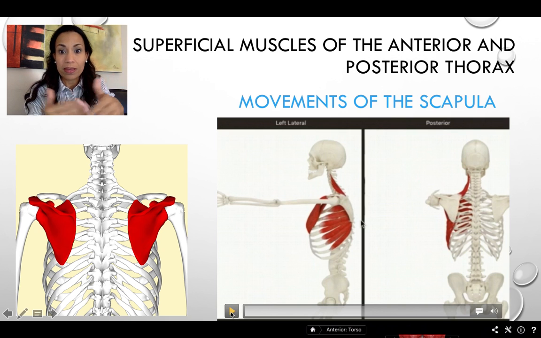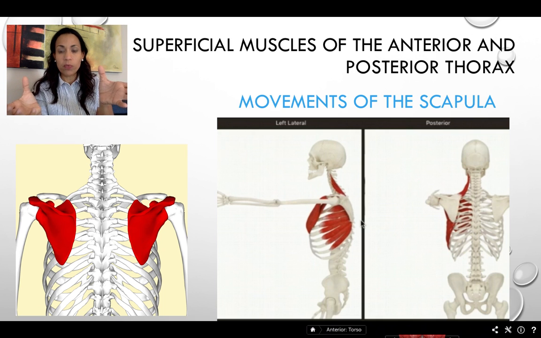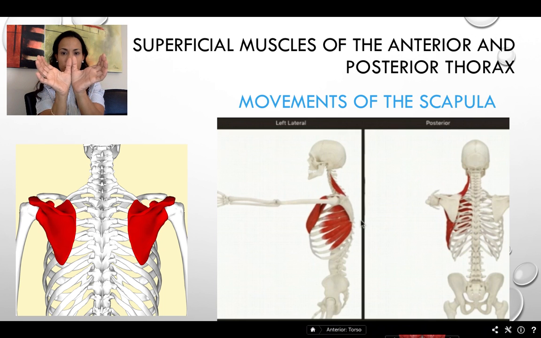Now the next movement is the opposite, the antagonist movement: retraction. In retraction, we move both scapulas together. So this is adduction of the scapula. These are my two scapulas: adduction, abduction; retraction, protraction.